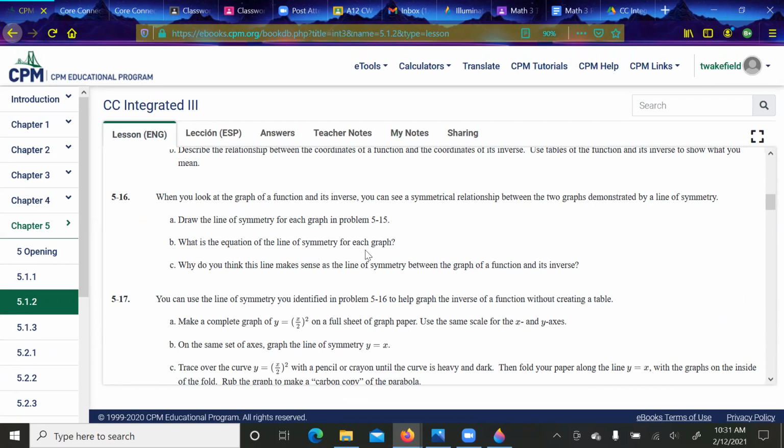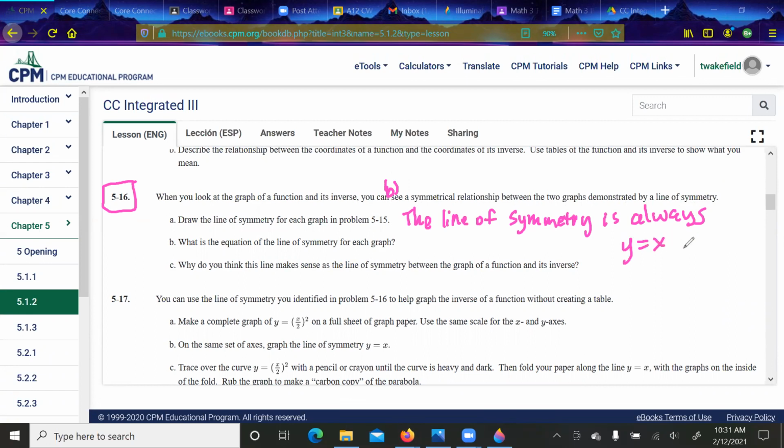What is the equation of the line of symmetry for each graph? So for number 16, we're going to name what that line of symmetry is. This is part B. The line of symmetry is always y equals x for inverse functions.